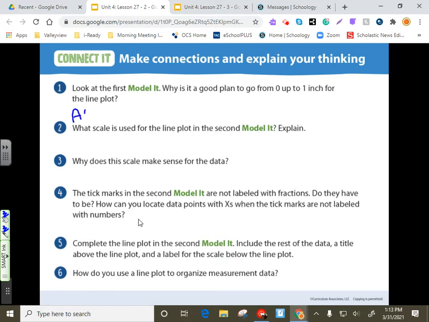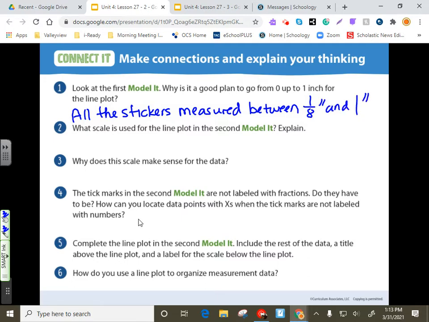So all the stickers measured between 1/8 inch and 1 inch. So that just makes sense. What scale is used for the line plot in the second model? That's 1/8 inch scale. So every space was 1/8 inch. Why does the scale make sense for the data?